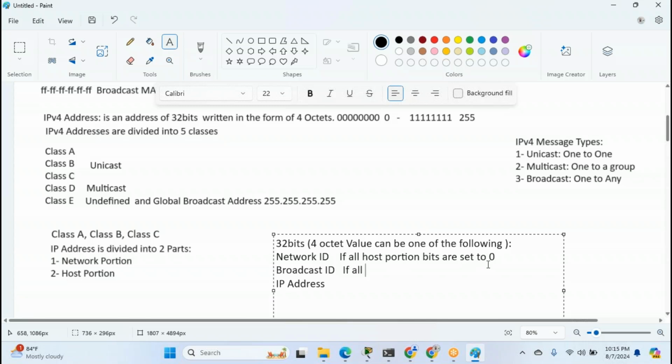Broadcast ID: if all host portion bits are set to 1, that is called the broadcast ID. If the host portion bits are a combination of zeros and ones, that is called an IP address.